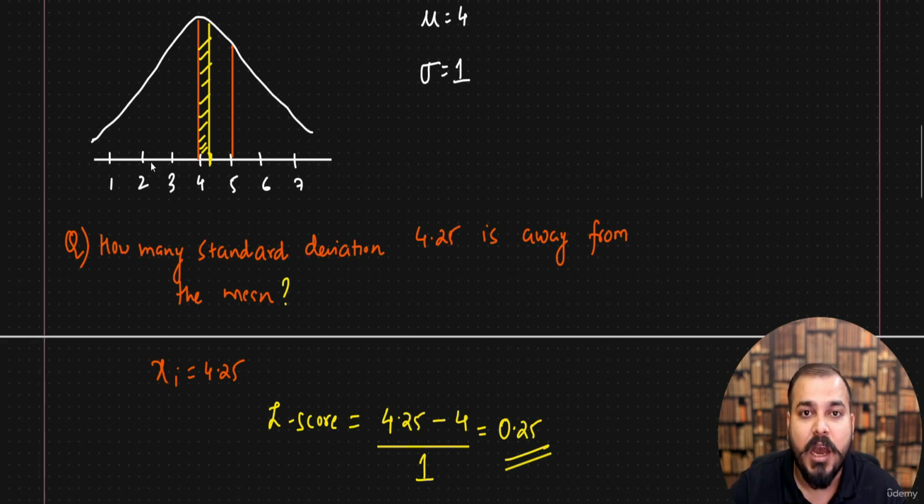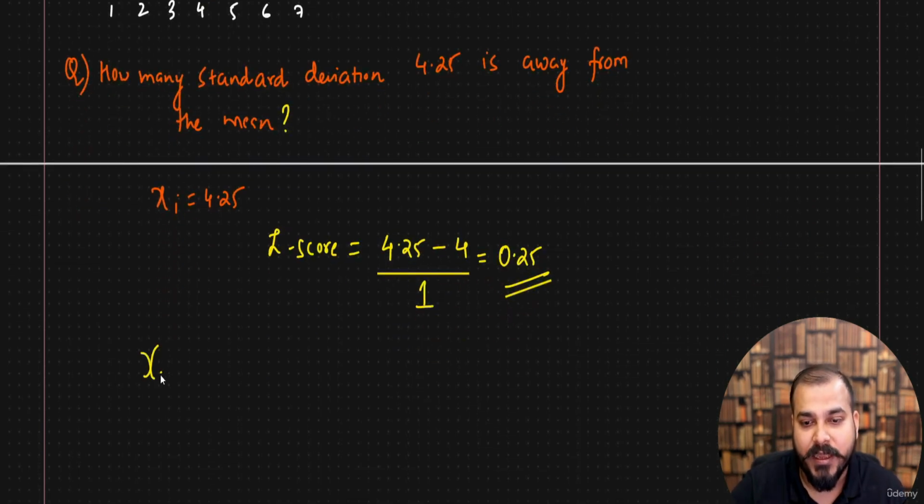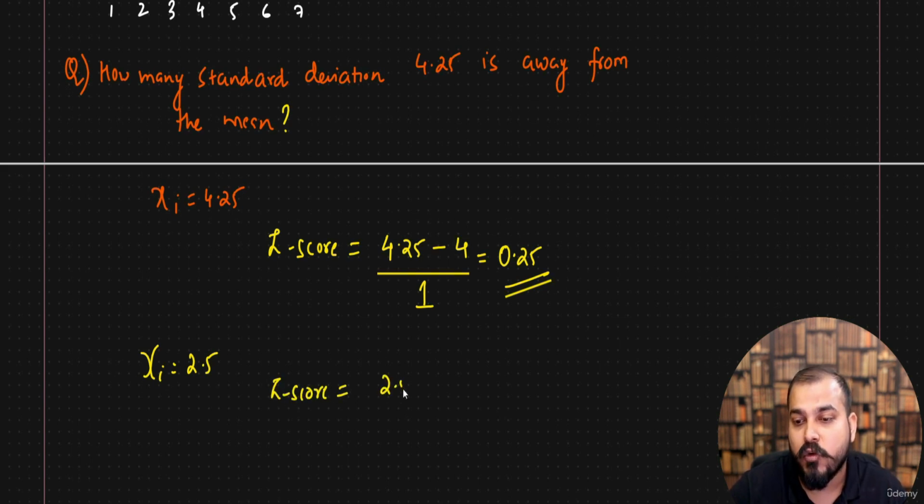Now similarly, if I ask how many standard deviations 2.5 is away from the mean, I will replace 4.25 by 2.5: 2.5 minus 4 divided by 1. Then I will get minus 1.5. That basically says minus 1.5 away from the mean, and since it is in a negative direction, it lies on the left. So if I take my x of i variable as 2.5, my z-score will be 2.5 minus 4 divided by 1, which is minus 1.5.